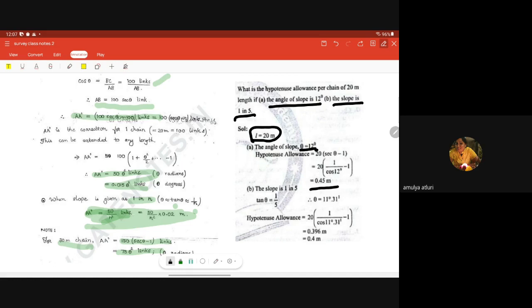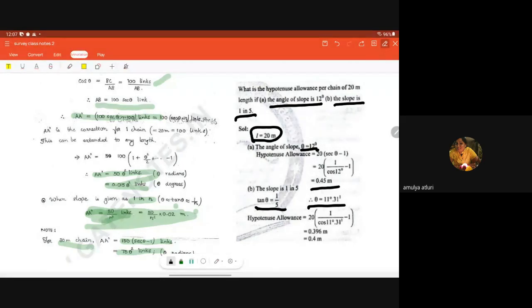In the second case, the slope is given as 1 in 5. It's like 1 by n. As we discussed, we can take theta as tan theta. Tan theta is equal to 1 by 5, so theta is equal to tan inverse of 1 by 5. Then the value is 11 degrees 31 minutes.